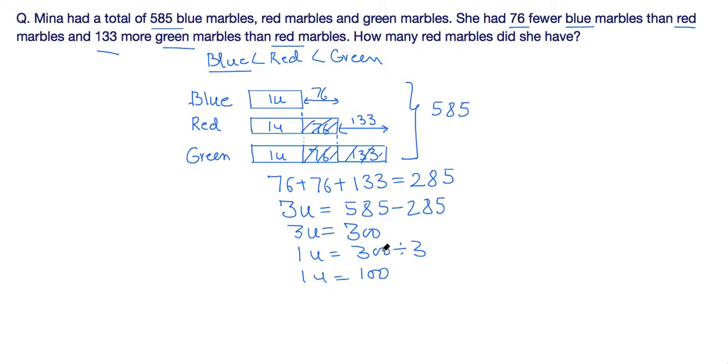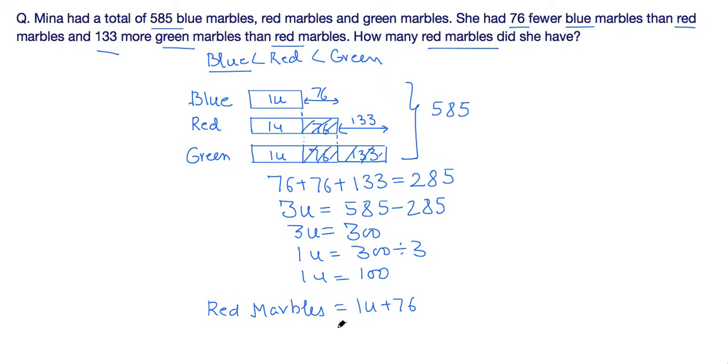Now let's read the question again. How many red marbles did she have? You can see clearly from here the number of red marbles is 1 unit plus 76, right? And how much is 1 unit? Just now we calculated it. It's 100.